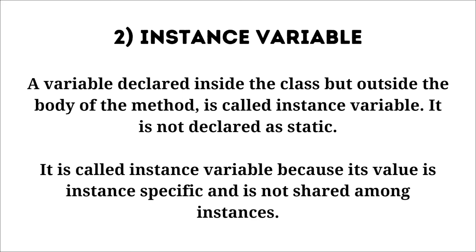An instance variable is a variable declared inside the class but outside the body of the method. It is not declared as static. It is called an instance variable because its value is instance specific and is not shared among instances. It means a variable which is declared inside the class but outside of any method.